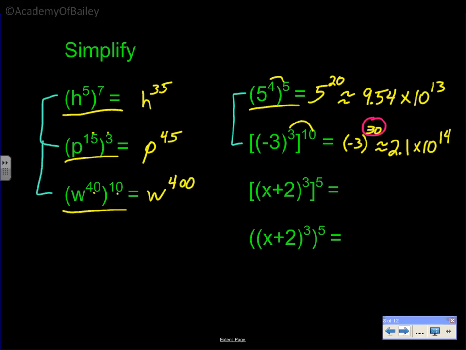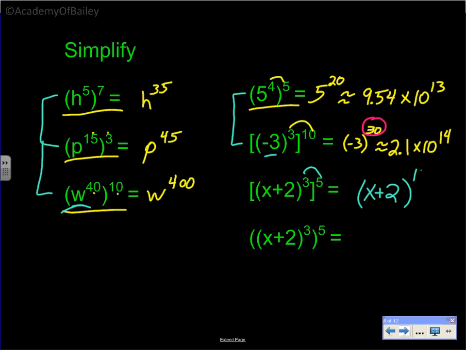All right, let's look at the next example down. It says x plus 2 raised to the third power, and then all of that is raised to the fifth power. Just because it says x plus 2 doesn't mean that it's any different than negative 3. X plus 2 is still going to be the base, and what do you do with those exponents?